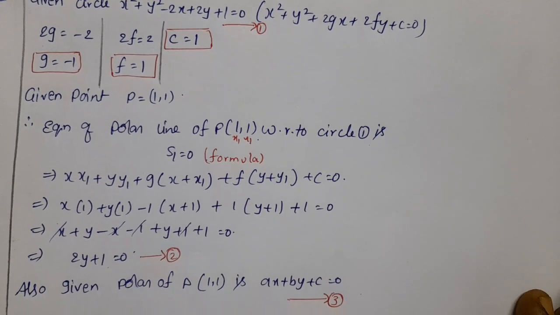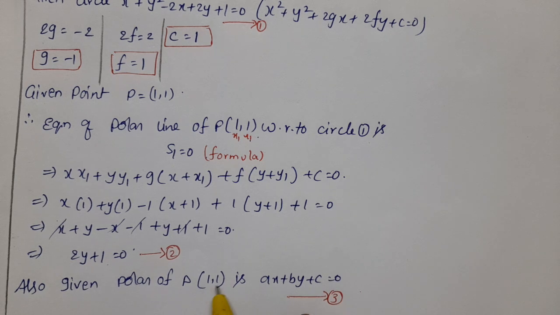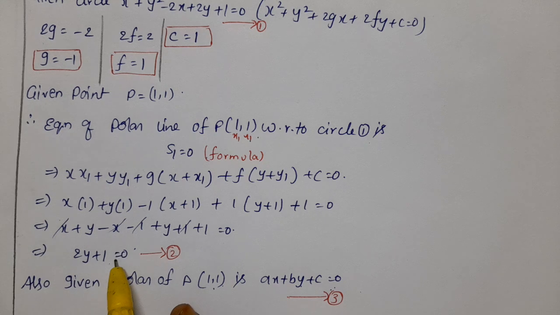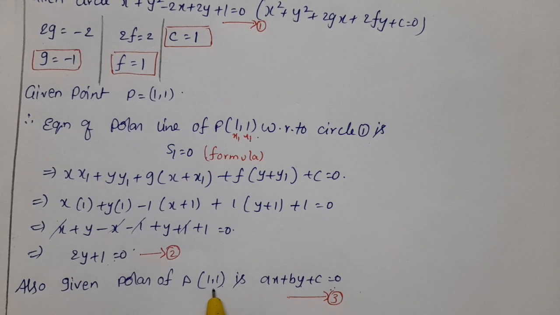In the problem, the polar of (1, 1) is ax + by + c = 0. That is, for the point (1, 1), there are two equations of the polar line: ax + by + c = 0 and 2y + 1 = 0. Two equations for the same point's polar means they represent the same polar line.